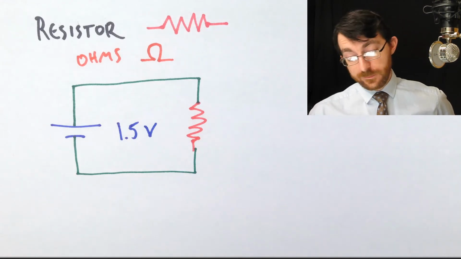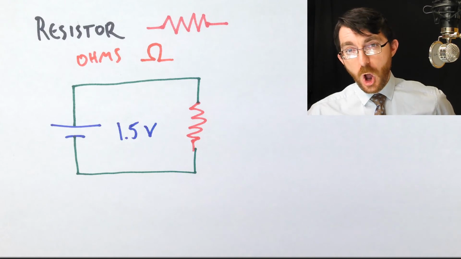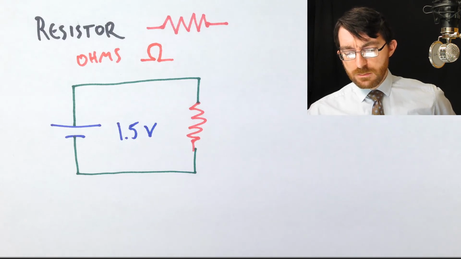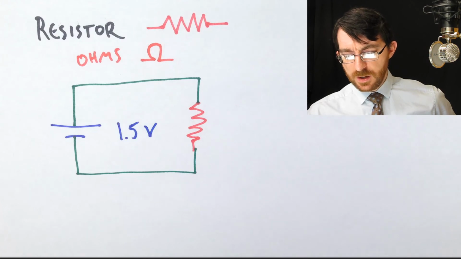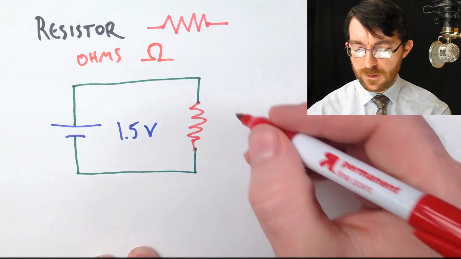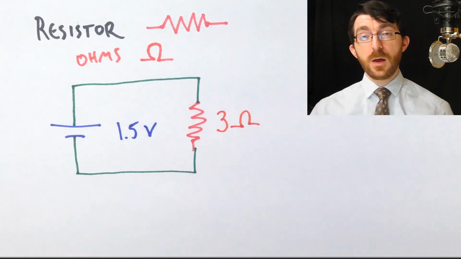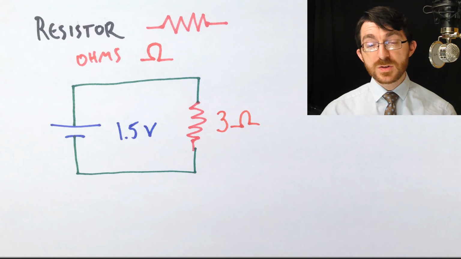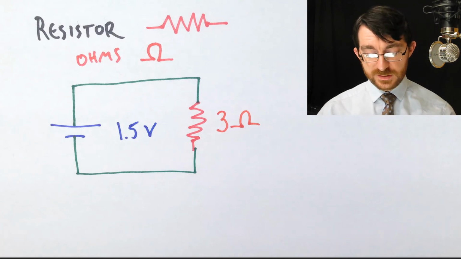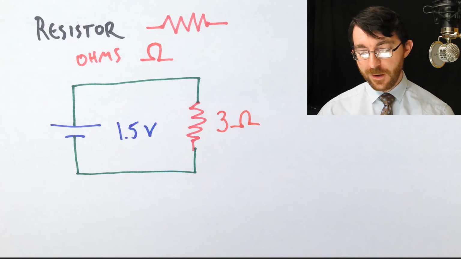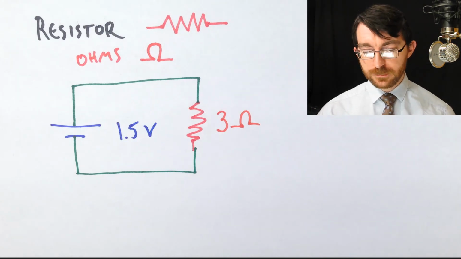It's an O. Okay, so ohm. If we want some sort of resistance on here to make some sense, I'm going to make this a low value, 3 ohms. Just to give you an idea of how low that is, real wires have a resistance of 3 ohms. So I'm only doing this for mathematical simplicity.